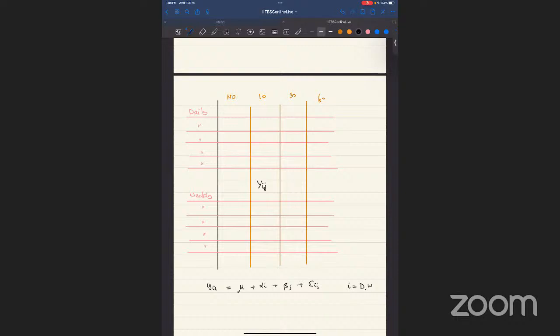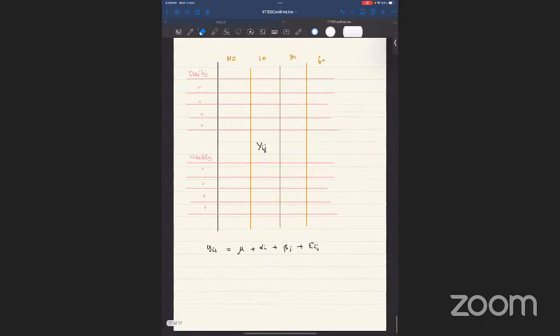I'll call it D and W. And j is just one of four levels: none, 10 minutes, 30 minutes, and 60 minutes. And all my epsilon ij's are always normal with mean 0 and variance sigma squared.